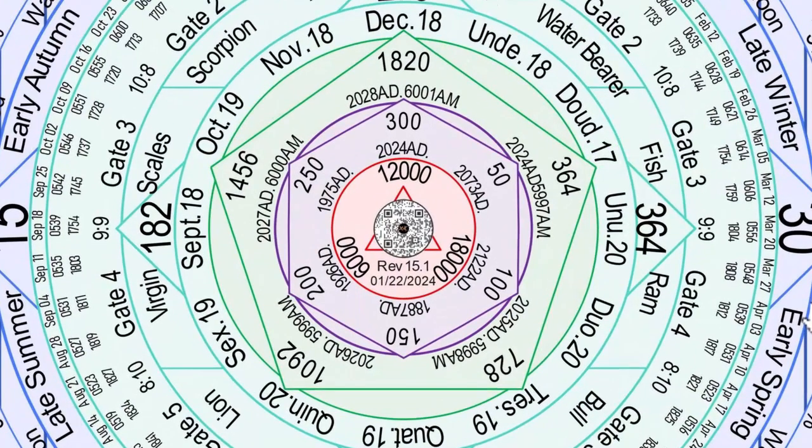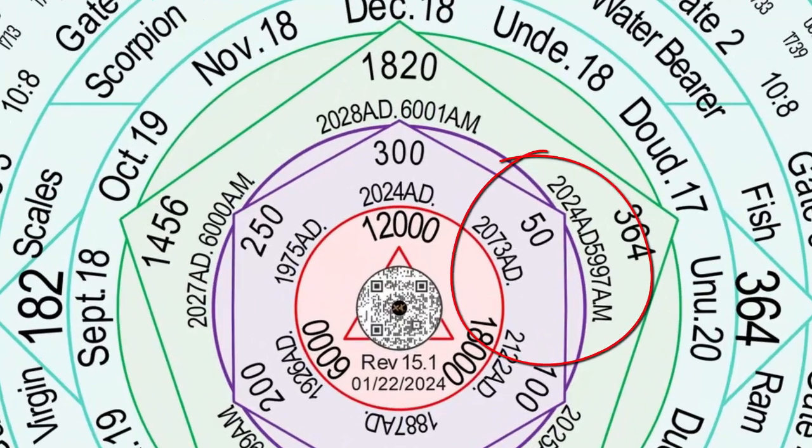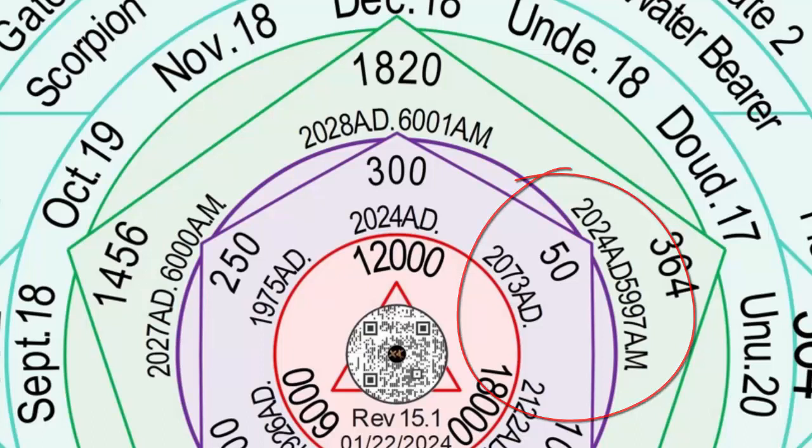The pentagram is actually talking about years now. Whereas we went from hours to days to months, now you see that we're actually looking at years. Right. The earliest year being this year, 2024. And if we look close, it says 2024 AD, 5997 AM.